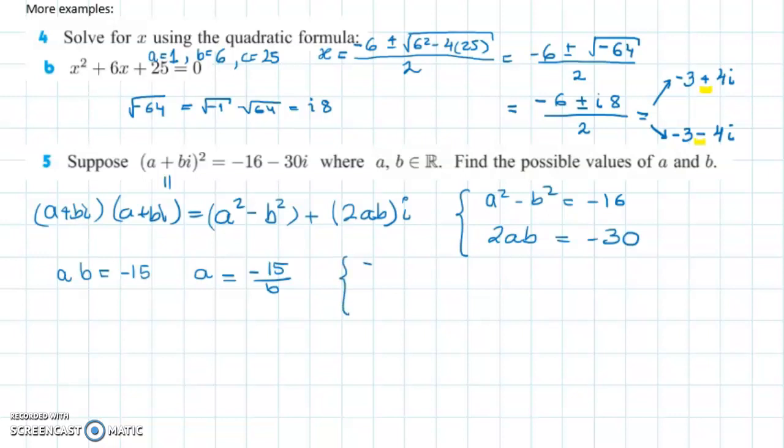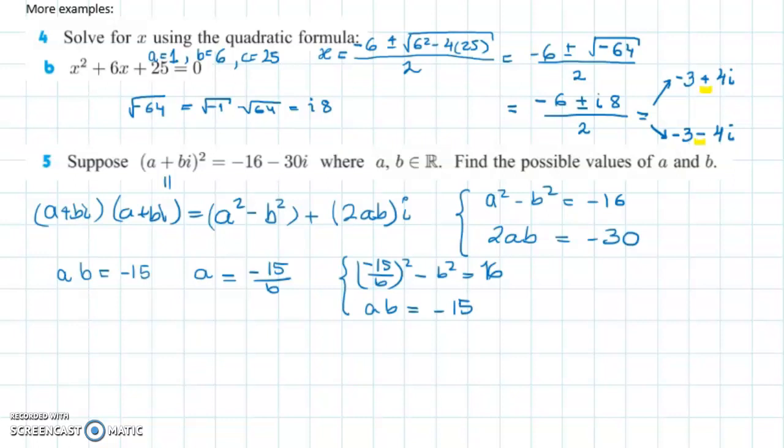So I'm going to write (negative 15 over b) all squared, minus b squared is equal to negative 16, and well, we still have that a times b has to be equal to negative 15. So this is not a problem about complex numbers anymore, we're just working with real numbers now.